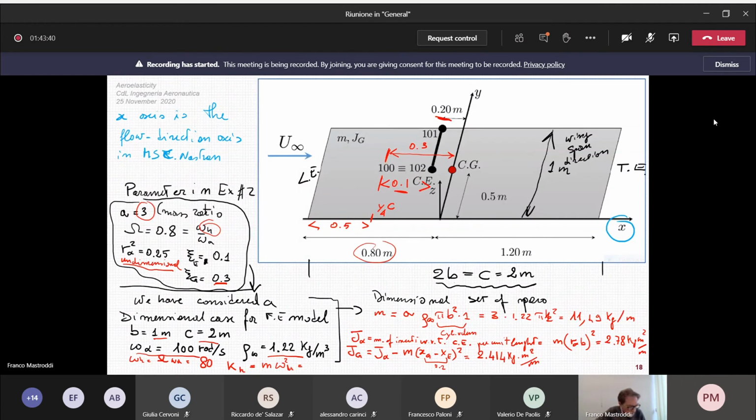Developing this, the mass is 11.49 times 0.8 to the power 2 times 10 to the power 4, which is omega alpha squared, and we have 73,588 Newton per meter.